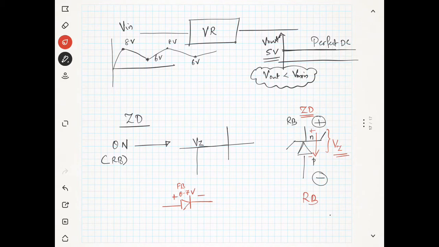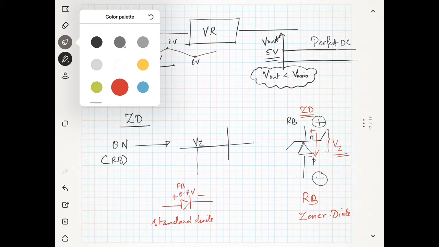This is the difference. This is the case of the standard diode, and this is the case of the Zener diode, which works in reverse bias. And you know that in any diode circuit you will always use a resistor.